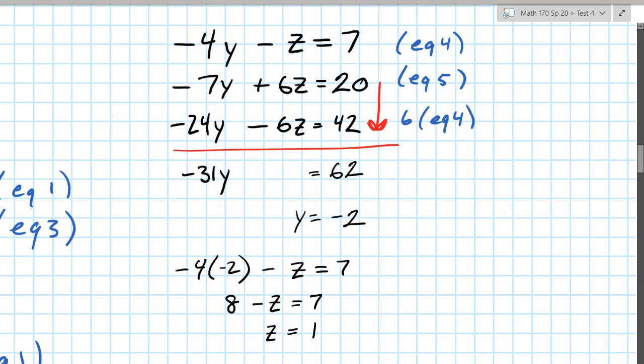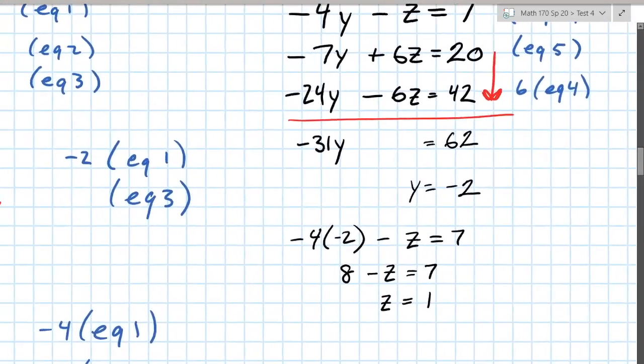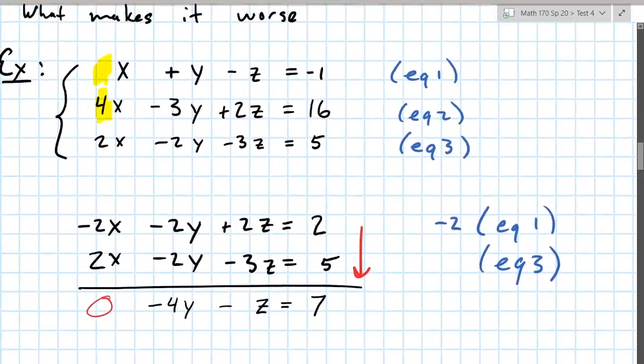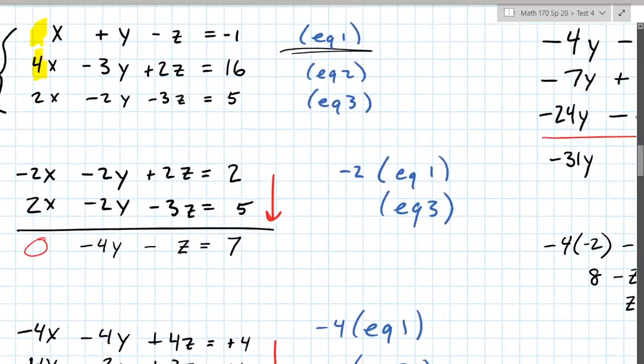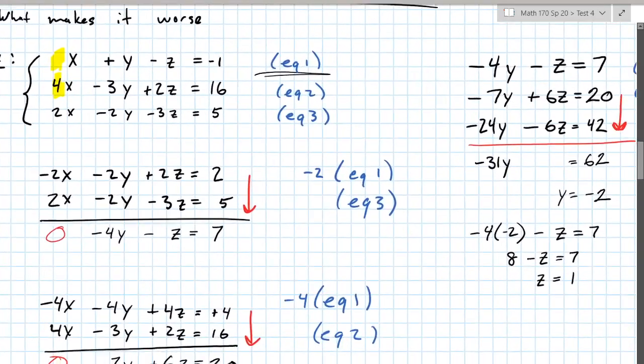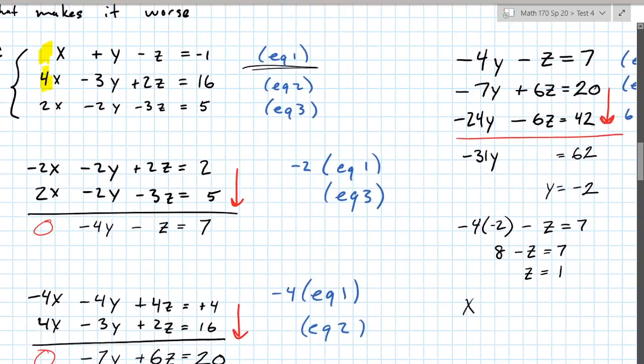Now that I have y and z, I can go back a step to equation 1, 2, and 3 and find an equation that I want to use to solve for x. To me, it looks like equation 1 is going to be the easiest one to solve for x. So we have x plus y minus z equals negative 1.